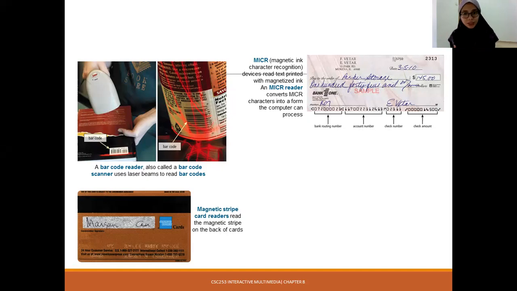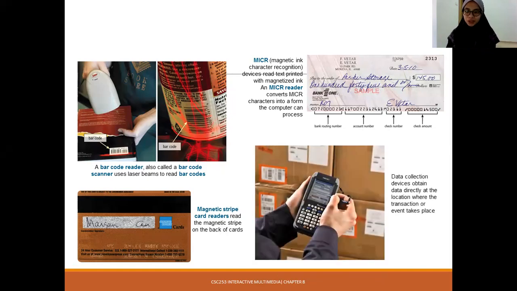How does it work? The MICR reader converts the MICR characters into a form that the computer can process. That's how a MICR reader works. And data collection devices obtain data directly at the location where the transaction or event takes place. This is an example of input devices.